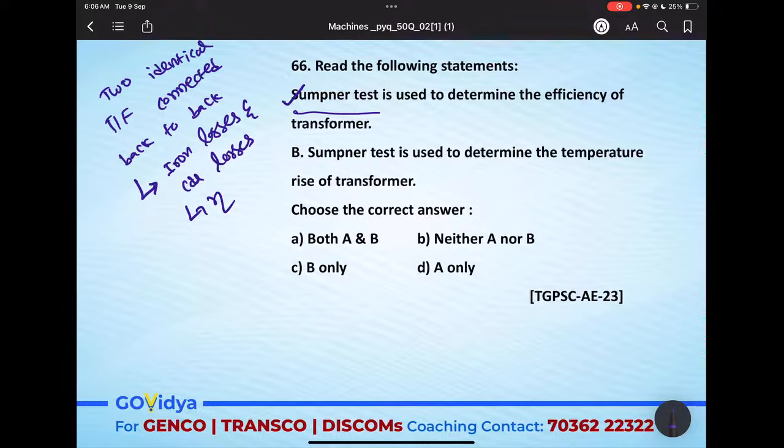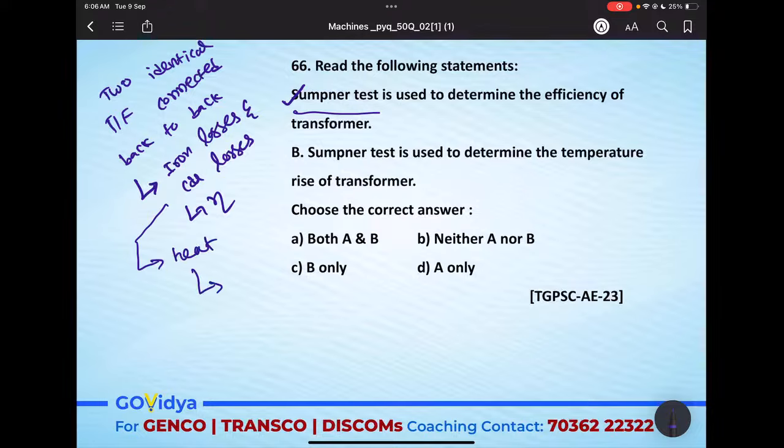Coming to the second statement, temperature rise. That means actual temperature rise. If you see the open circuit test or short circuit test, we are conducting the test separately. That means individually. So first iron losses may come, afterwards copper losses may come. But in Sumpner's test, at a time both losses will come. So these losses are dissipated in the form of heat.